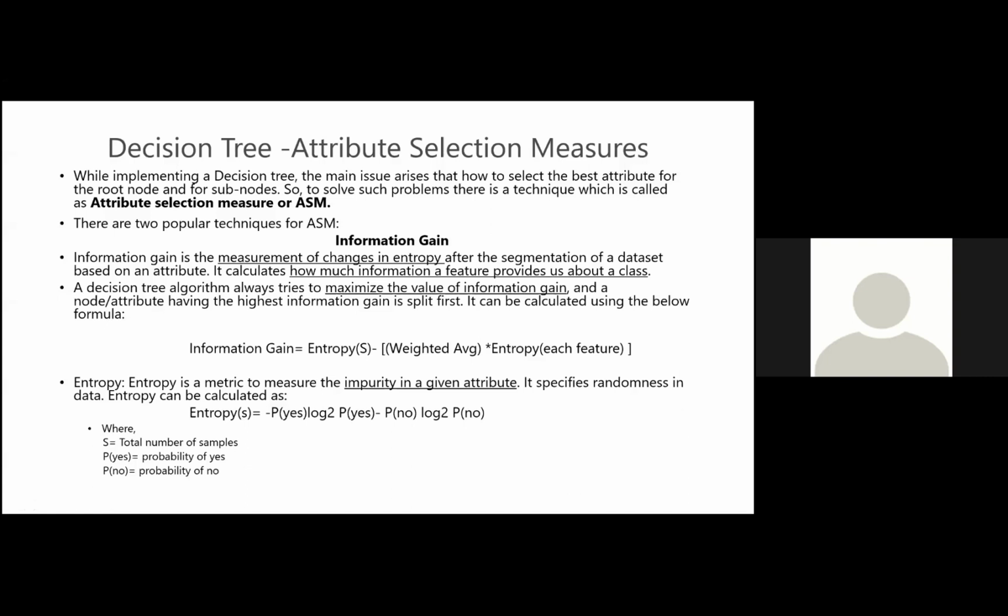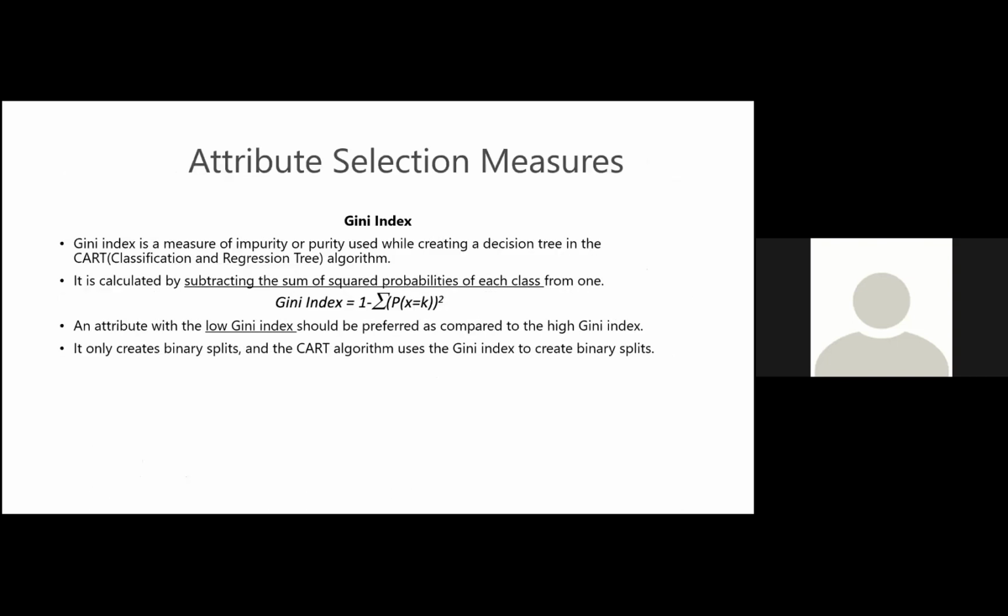Entropy is a measurement of impurity of a given attribute. Both information gain and entropy have formulas. I'm going a little fast because I'm conscious of time. Information gain and entropy are calculated for finding the right attribute.